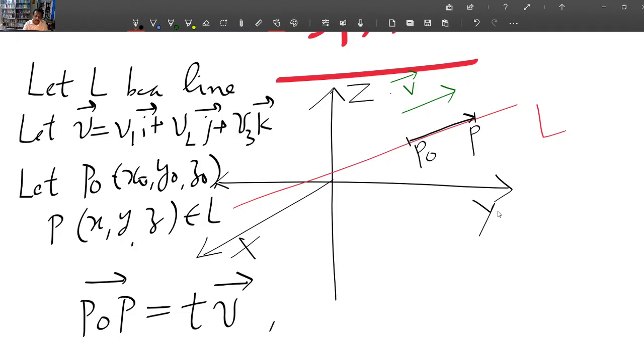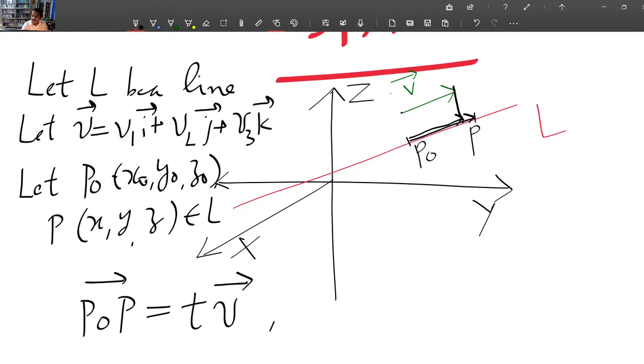For example, suppose t is 0, you are getting P0 itself, and when t is 1, you are getting a vector with the same length as that of V. So when t is equal to 1, you are getting this point.